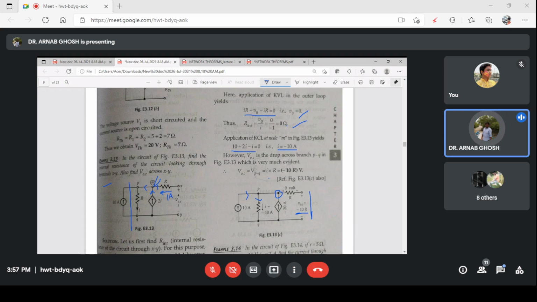See, if you are having any doubts, you can ask me. Any questions? So this is a problem where we have applied this when you have only dependent sources.